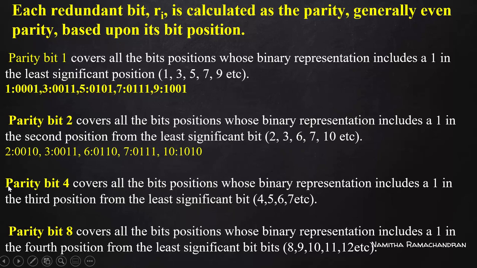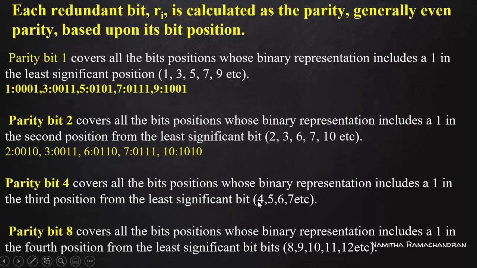Similarly, for setting the value for parity bit 4, we need to cover all the positions whose binary representation includes a 1 in the third position from the least significant bit. So for the positions 4, 5, 6, 7, etc., the third least significant position contains value 1.